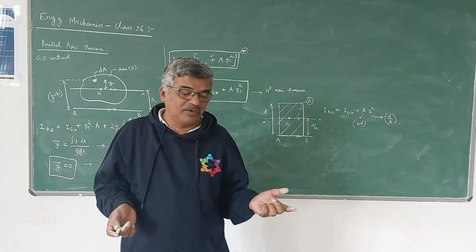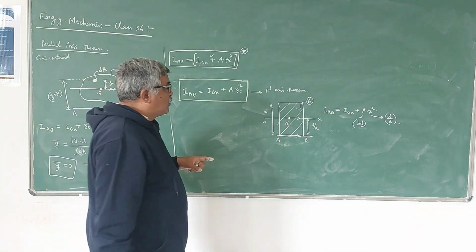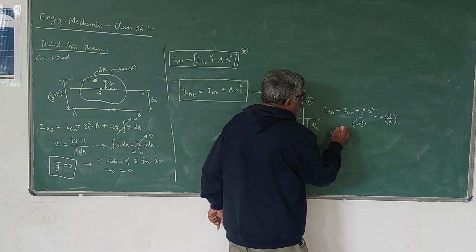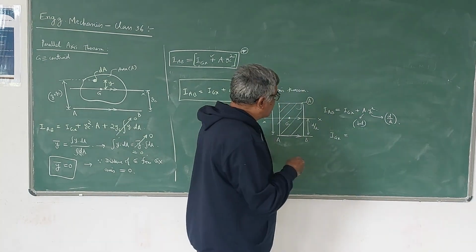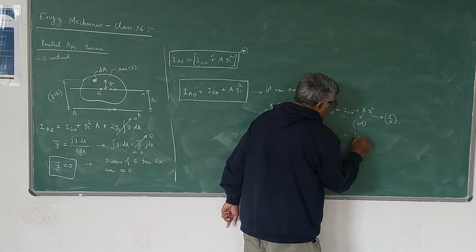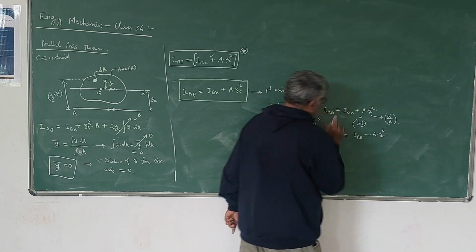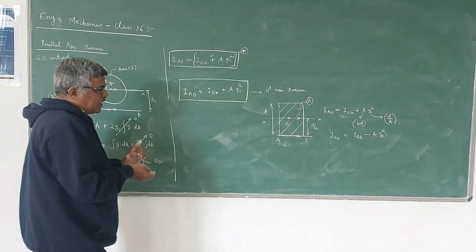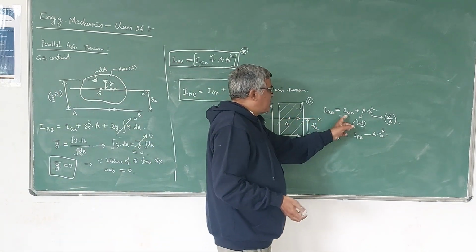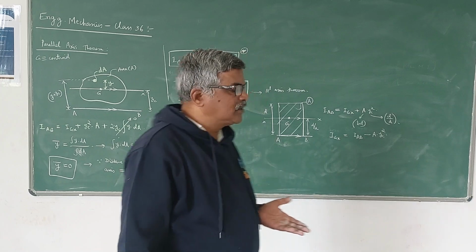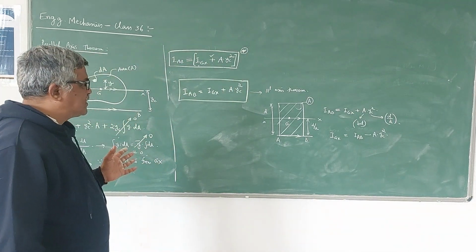And vice versa, if you know I_AB, you can find IGX: I_AB minus A into yc squared gives the value of IGX. Either of these may be unknown in a given problem, so you can find it using the parallel axis theorem.